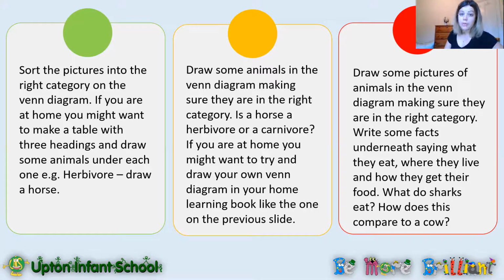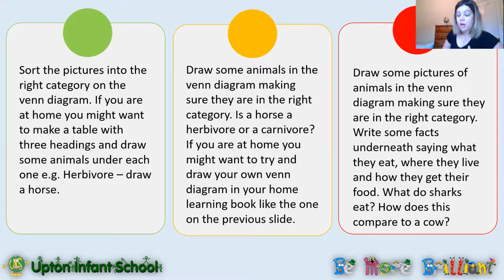If you're at home and you'd like to do the Amber challenge, why not draw your own Venn diagram in your home learning book, and you can go back on this video and pause it to look at the one that was on the screen, so you can copy that. Okay, and if you fancy challenging yourself, you can draw some pictures in the Venn diagram and write some facts underneath saying what they eat.